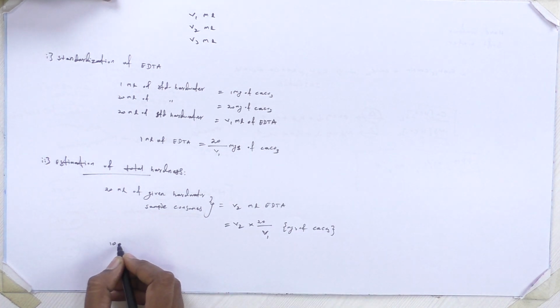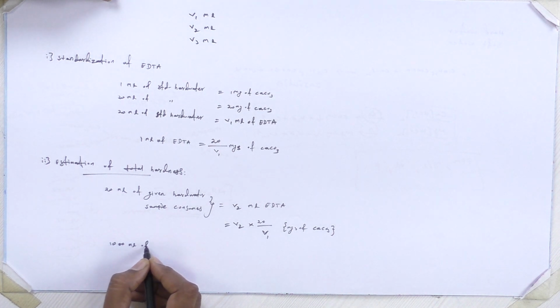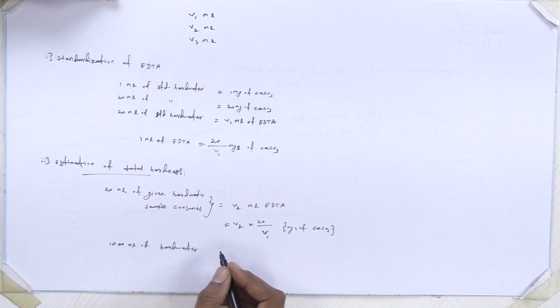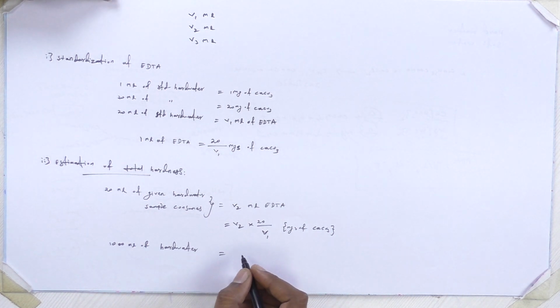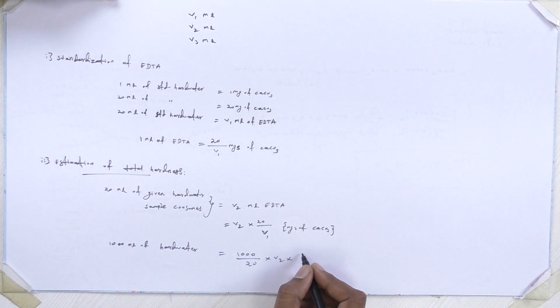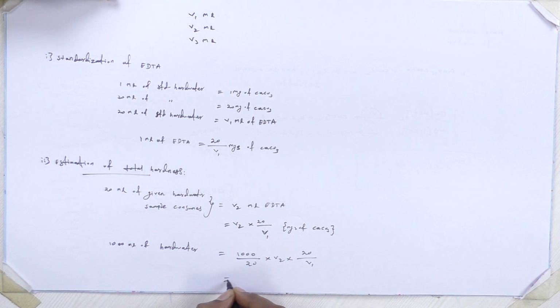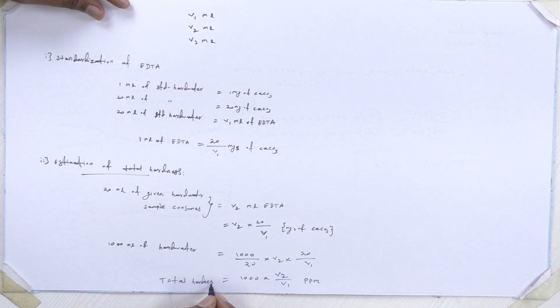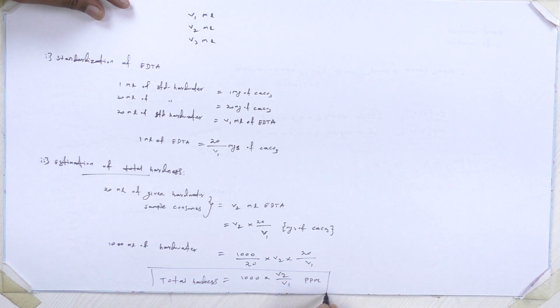So 1000 ml, that means 1 liter of hard water, consumes 1000 into 20 into V2 divided by V1, divided by 20, that is 1000 into V2 by V1 ppm. By using this formula, we easily find out the total hardness of the water sample.